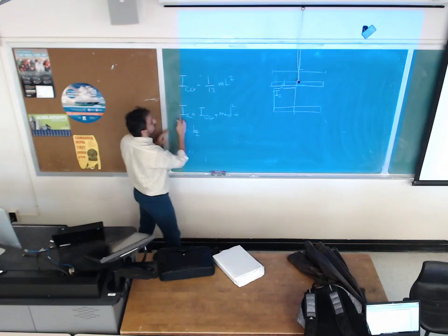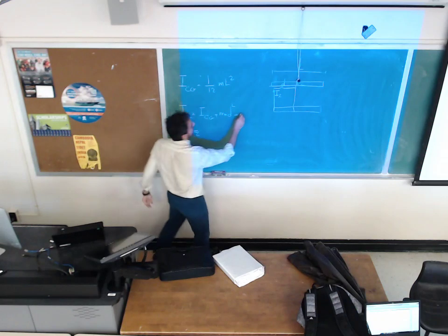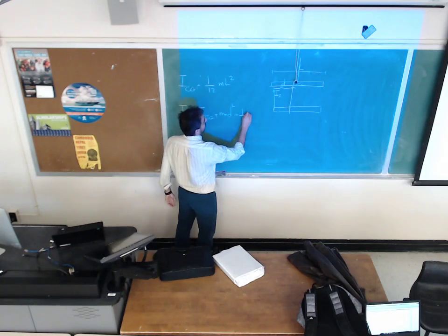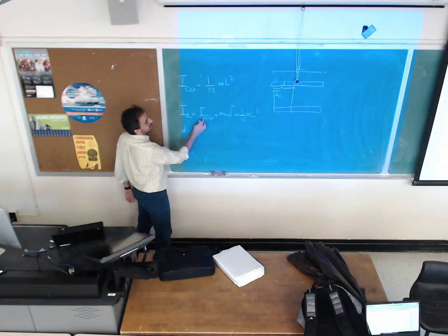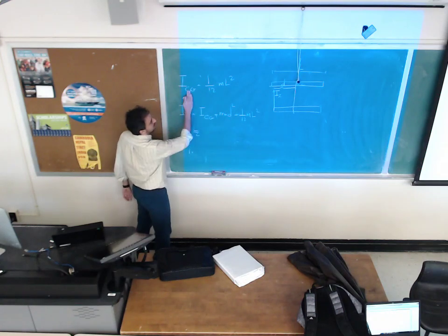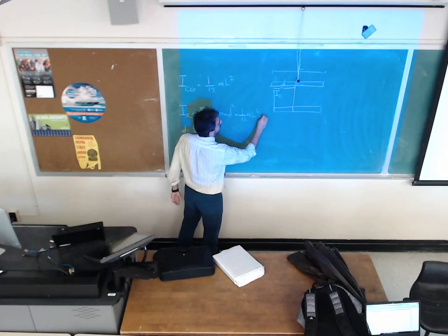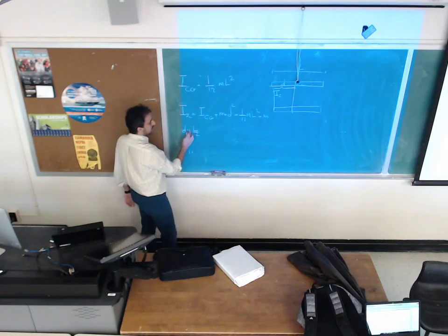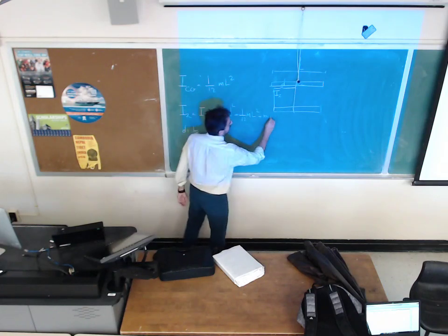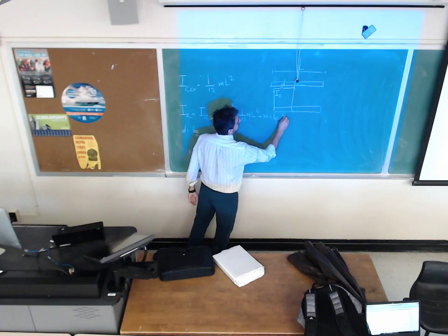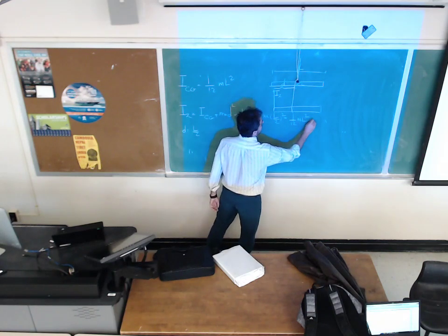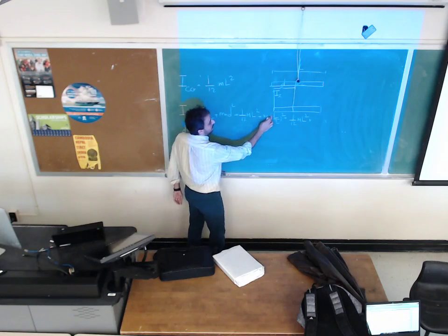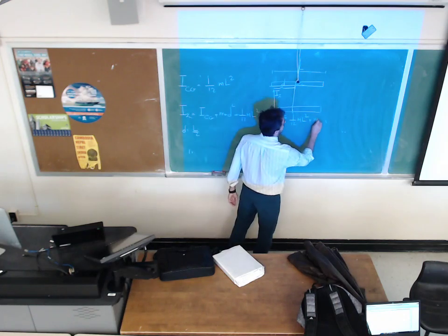So if I want to find the I with respect to the z-axis, I'm going to add 1/12 m L squared, which is the mass moment of inertia with respect to center of gravity, plus m d squared, where d is L over 2. If I square that, 1/12 m L squared plus m L squared divided by 4.